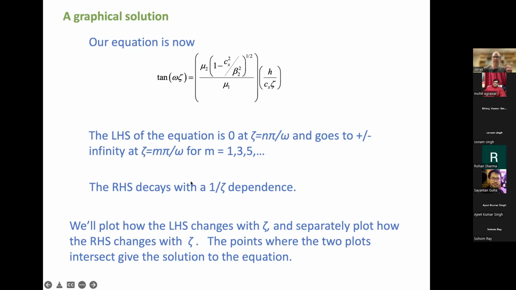And the right-hand side decays with 1 over zeta dependence. So we can plot the left-hand side as a bunch of tangent curves and the right-hand side as a 1 over zeta dependence, and look at the points where the two plots intersect, and that is where the equation is solved.